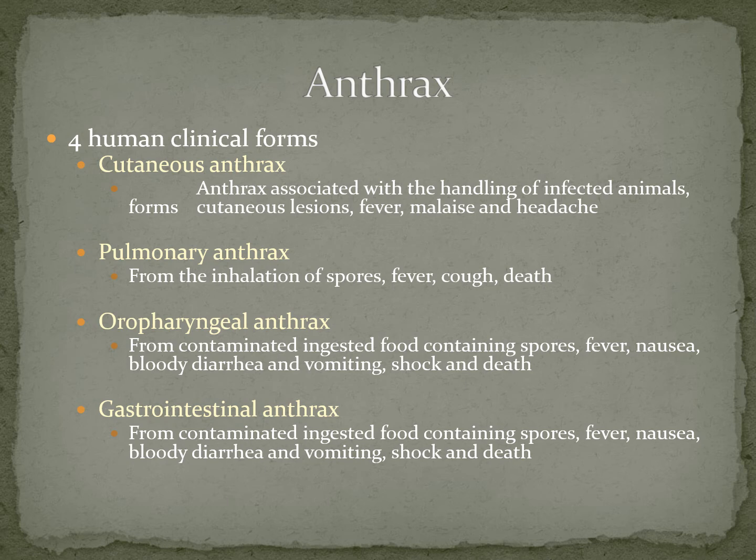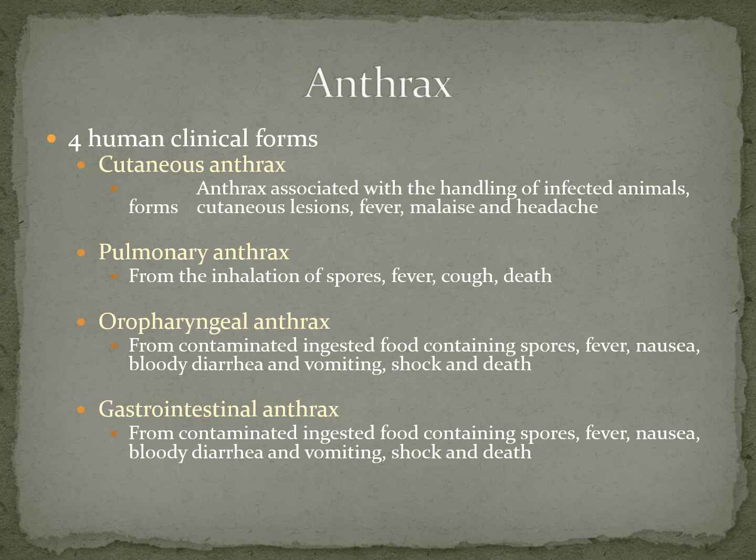Pulmonary anthrax is from the inhalation of spores, and usually a person will develop a fever and a cough, and they can actually die relatively quickly from pulmonary anthrax. Oropharyngeal anthrax usually is the type of anthrax we get from ingesting food containing the spores.